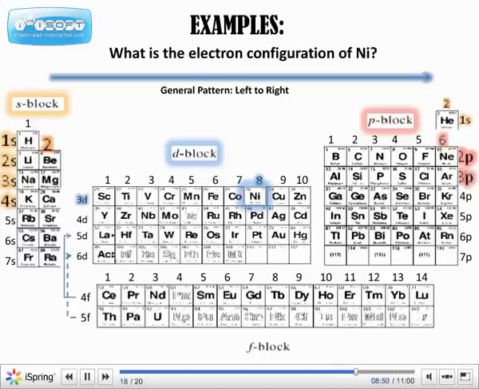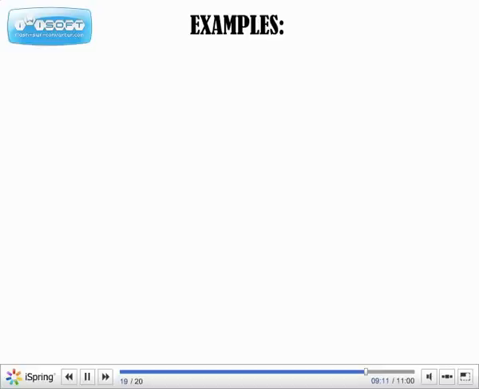Third period complete. 4s2. 3d8. Note, the D sublevel's principal energy level starts at 3, not 4, and then you stop at Ni. So your answer is 1s2, 2s2, 2p6, 3s2, 3p6, 4s2, 3d8.